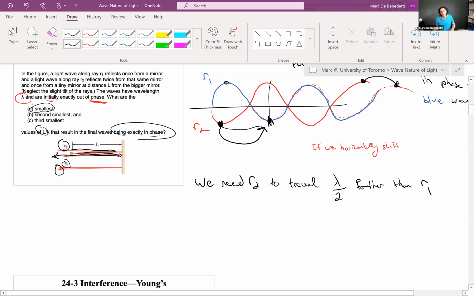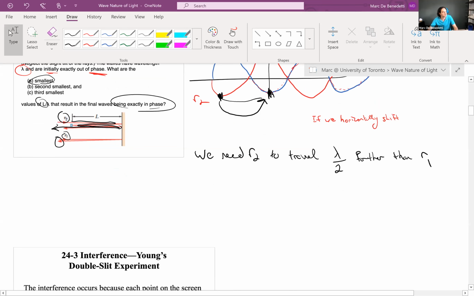The second smallest would be 1 plus a half lambda, or 3 lambda over 2. And the third smallest would be 2.5 lambda, which would be 5 lambda over 2. So that's what we're looking for. What values of L over lambda result in the waves being exactly in phase?